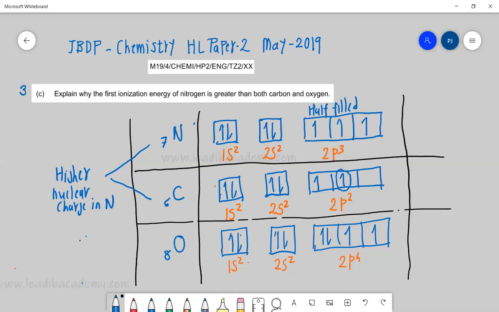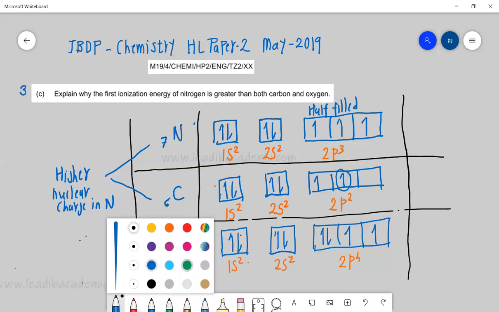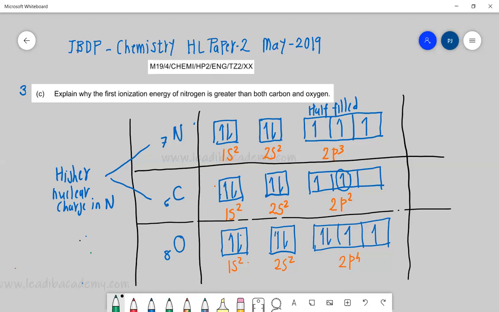Now coming to the more interesting one, between nitrogen and oxygen. In oxygen there are 8 protons as compared to only 7 protons in nitrogen. So by applying that logic, oxygen should have more ionization energy.